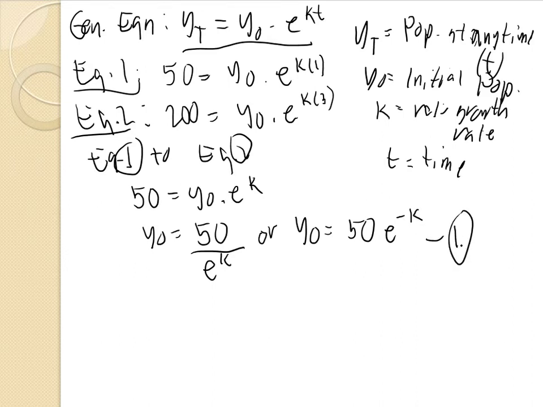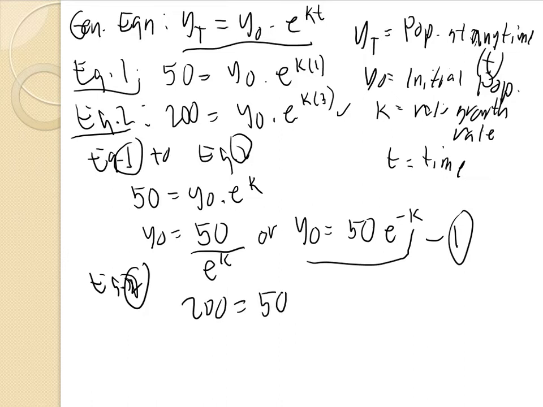Ngayon, ilalagay natin to sa equation number 2. So, equation number 2 becomes 200 equals, yung kaninang dinerive natin ilalagay natin sa y sub 0, so 50 e raised to the negative k times e raised to 3k.